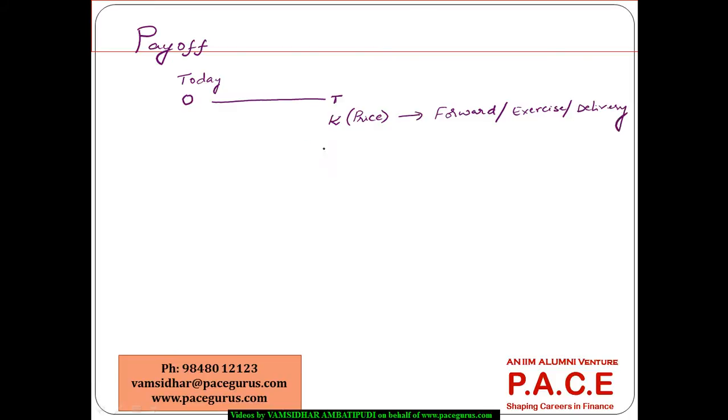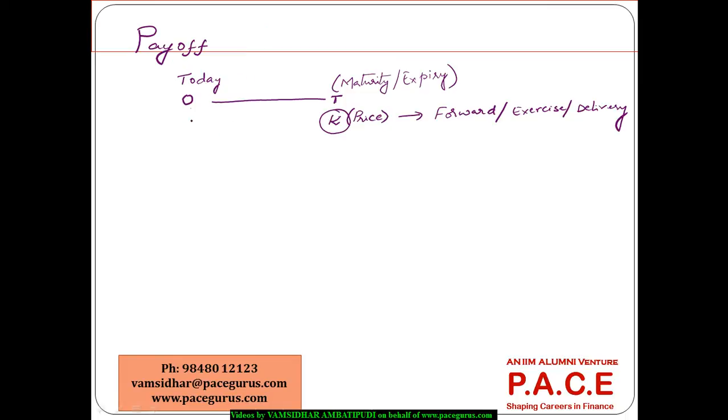So this is the price at which the buying or selling is going to happen at time period T. But this is agreed upon on day 0 itself, on the day we have got into the contract. And this particular time T, we call it the maturity date, or some people call it the expiry date of the forward contract, or the delivery date.